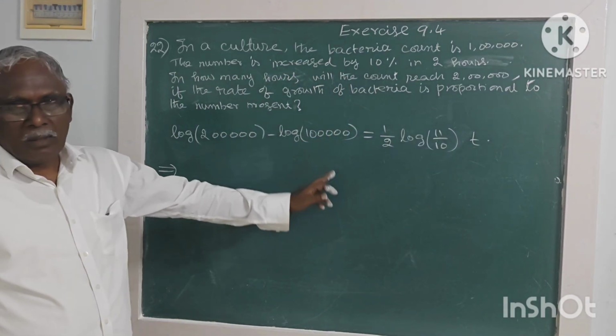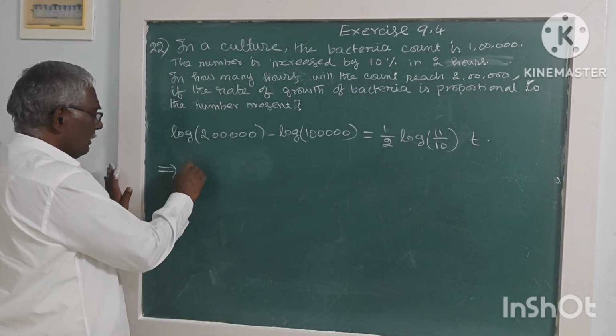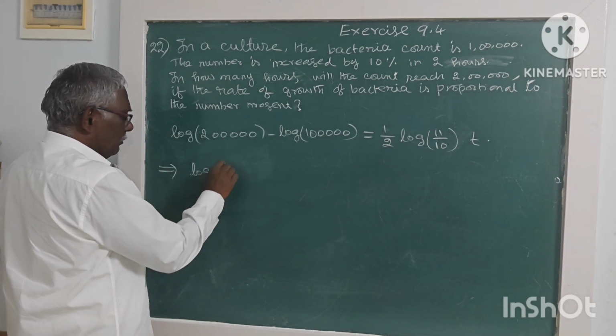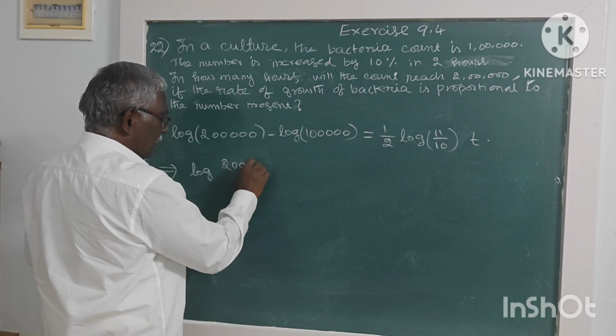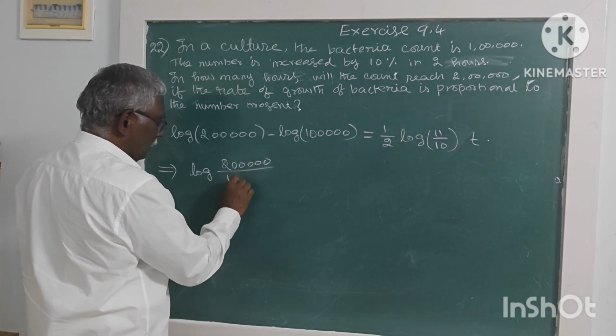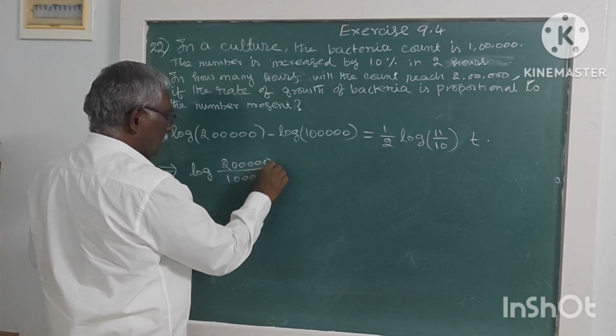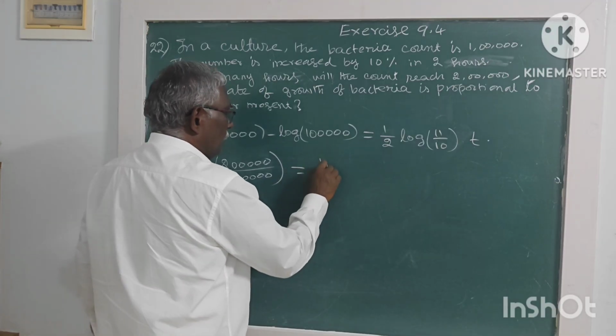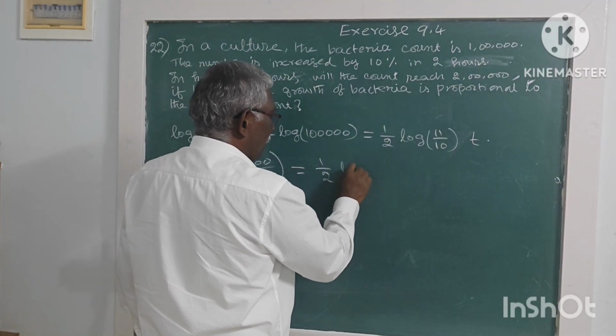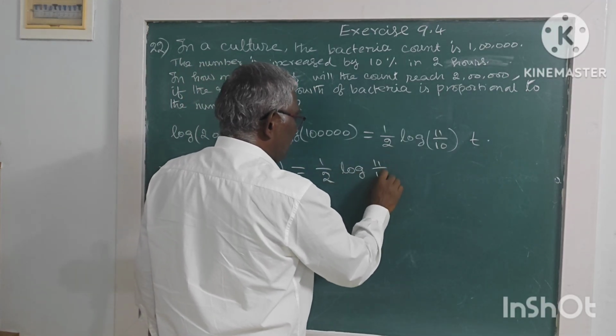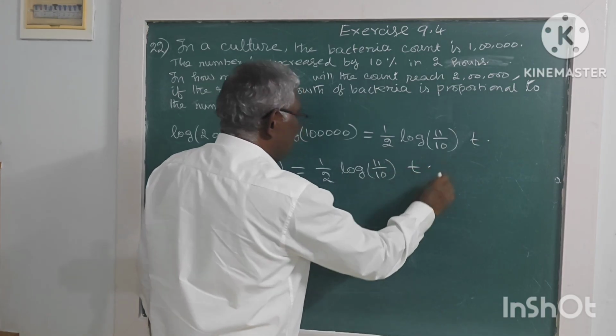Log m minus log n is log m by n. So log of 2 lakh by 1 lakh is equal to 1 by 2 times log of 11 by 10 times t.